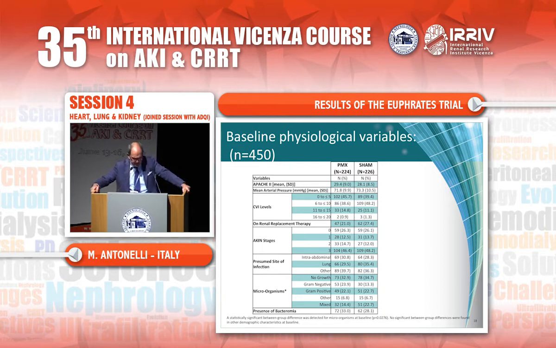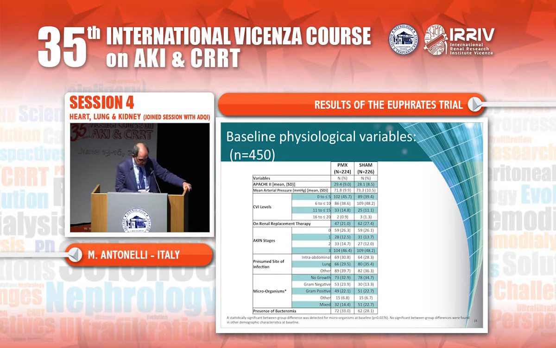Interestingly, if you look at the different sites of infection, were included not only those patients affected by intra-abdominal infection, as it was in the previous study that was accomplished in Italy and published years ago in JAMA, but also patients who had infections localized in different parenchyma, like the lung.